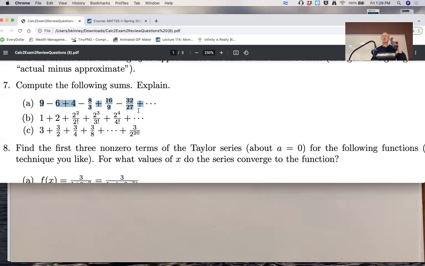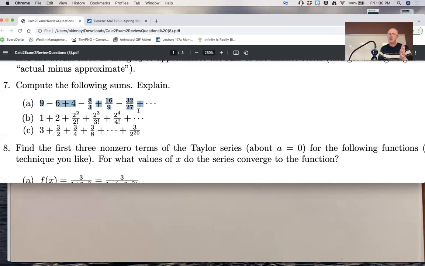Certain kind of name that starts with the letter G. What kind of series do we have that starts with the letter G? Geometric. It is a geometric series.